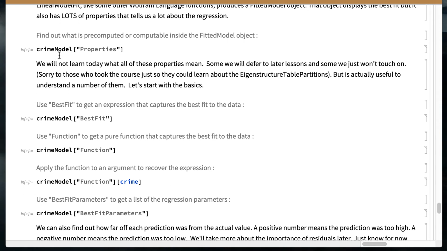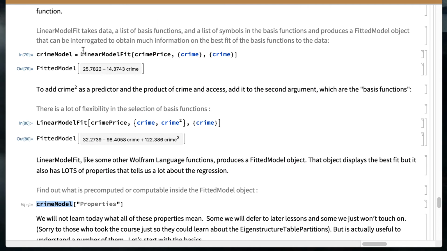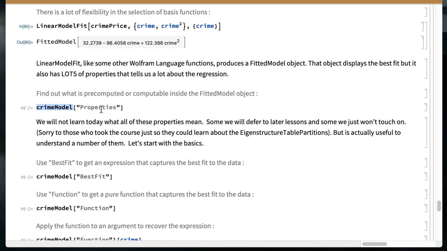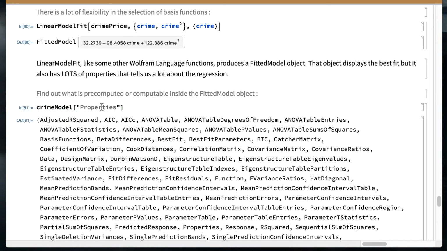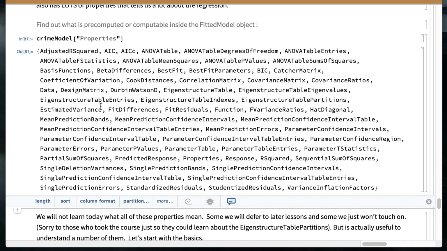So here I'm going to say, what properties do you know about crimeModel? crimeModel is the result of performing LinearModelFit in this simple fashion. And so let's run that. And oh my goodness, it knows a lot. Okay?